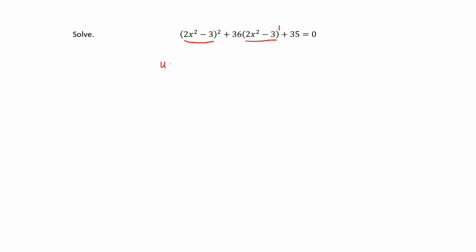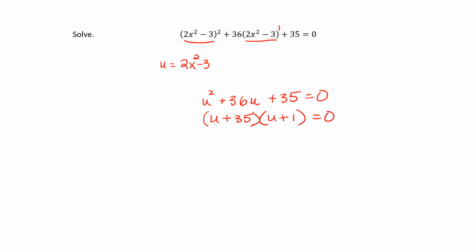So if we let u equal 2x squared minus 3, we can now write our equation in terms of u. So u squared, 2x squared minus 3, squared, plus 36u, 36 times 2x squared minus 3, plus 35 equals 0. And now that is easy to solve. It can be factored. It'll be u plus 35 times u plus 1.